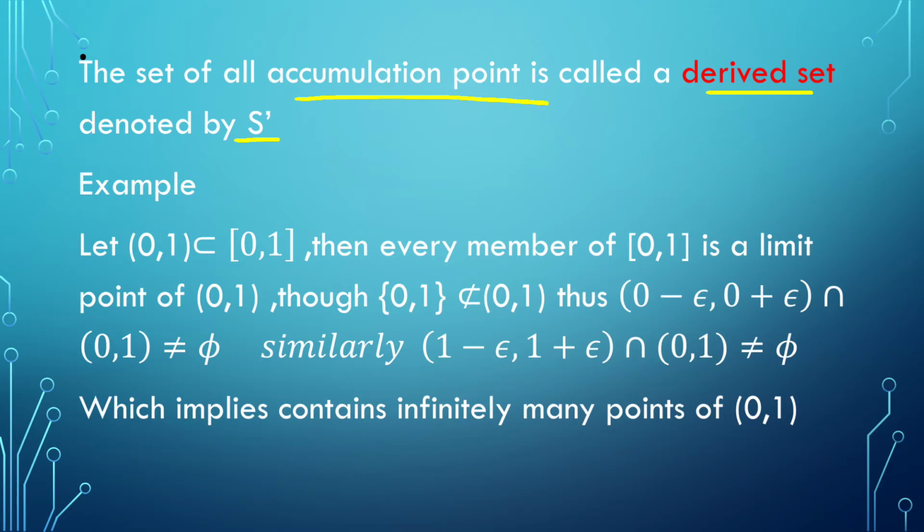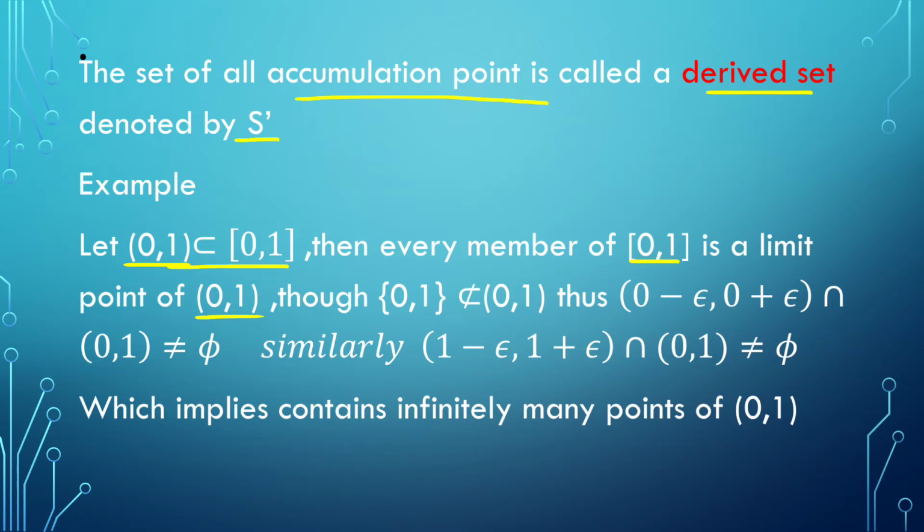So let's look at an example. If you look at this example here, you'll find that every member in this is actually a limit point or cluster point of this, and that will imply that 0 and 1 are limit points for this subset.